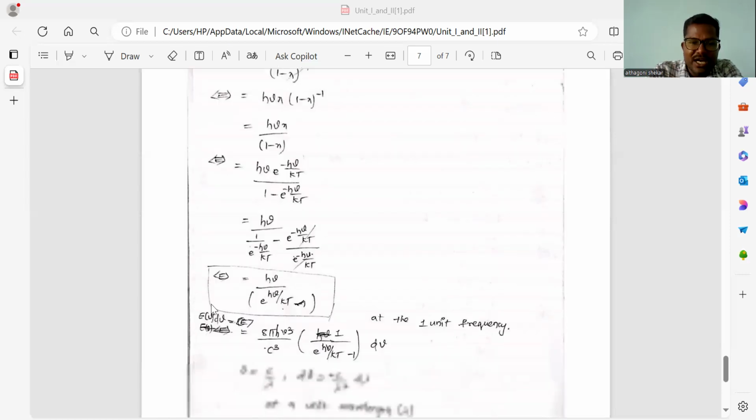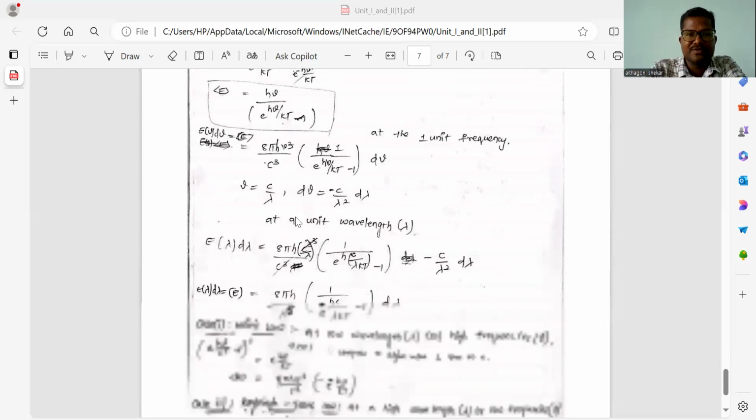We get the average energy equal to h mu by e raised to h mu by kt minus 1.